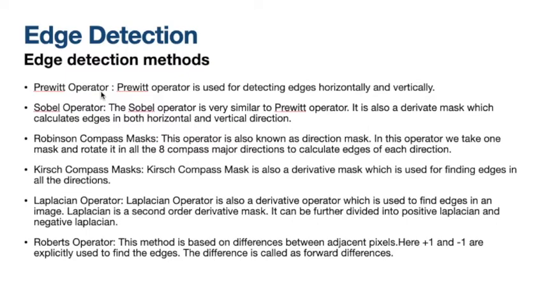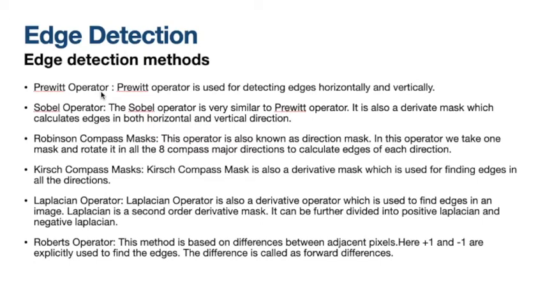It's almost very similar to the Prewitt operator. We'll see this in detail. Then the Robinson compass mask is also known as the direction mask. In this operator we take one mask and rotate it in all 8 compass major directions to calculate the edges of each direction.